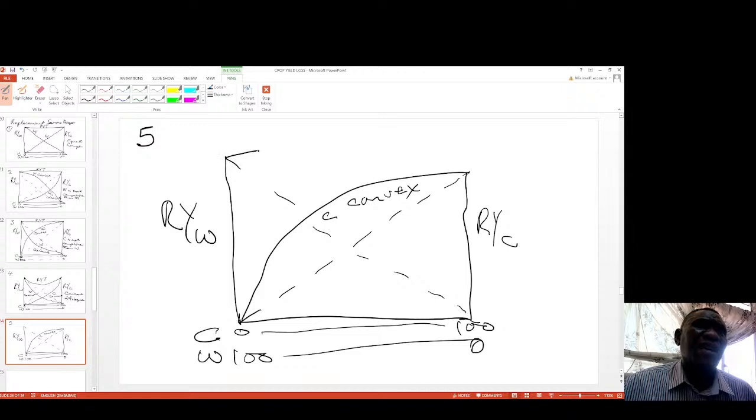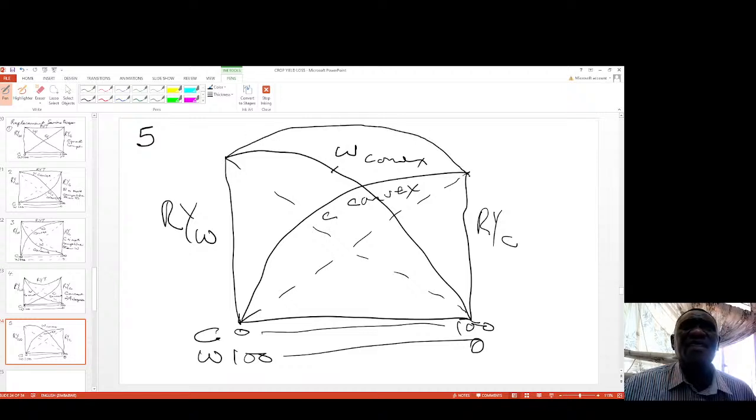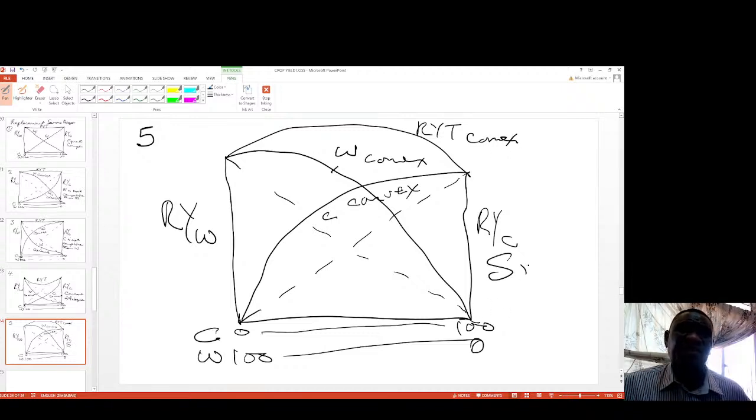Also, it outperforms. Again, convex, and yield total. Again, convex. This is what we call synergism.